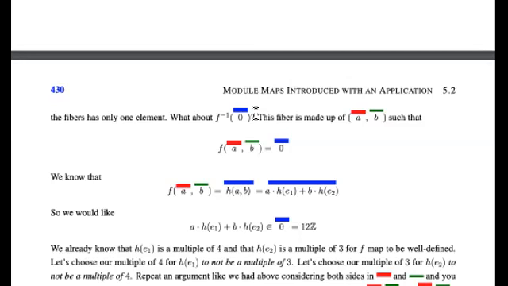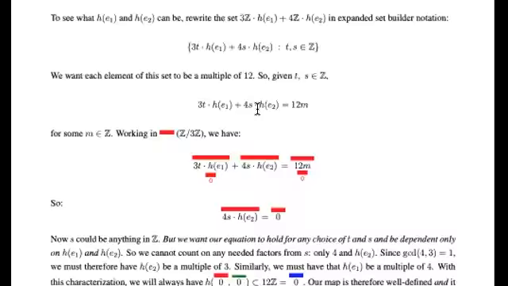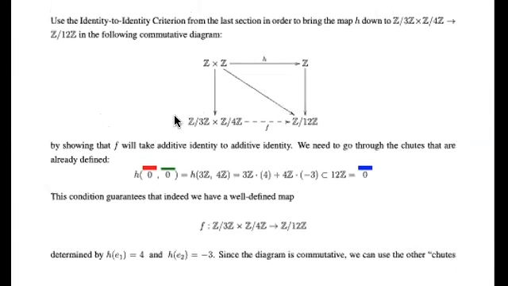So we just need to show that one of them has only one element in it, and then we will be good, and we'll know it's injective. So which fiber should we choose? What about the fiber over 0, the pre-image of 0? Everything that's sent to 0, we just show that there's only one element in the pre-image. So only one element of the domain will be sent to the 0 over here. That's what we want.